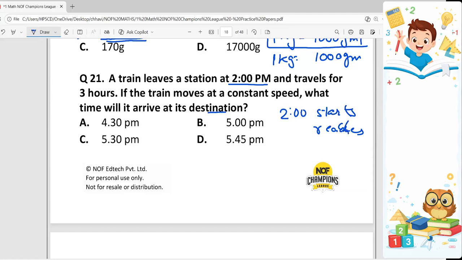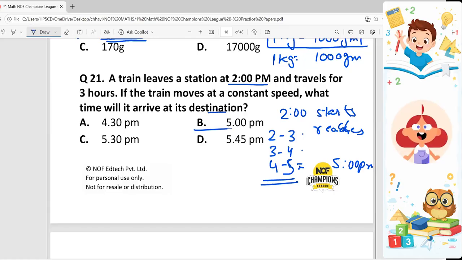So 2 to 3, 3 to 4, and 4 to 5. Let's say I just write it like this: 2 to 3, 3 to 4, and 4 to 5. So this is 1 hour, 2 hour, and 3 hour. After 3 hours, it will reach its destination at 5 p.m. So the answer is option B, 5 p.m.